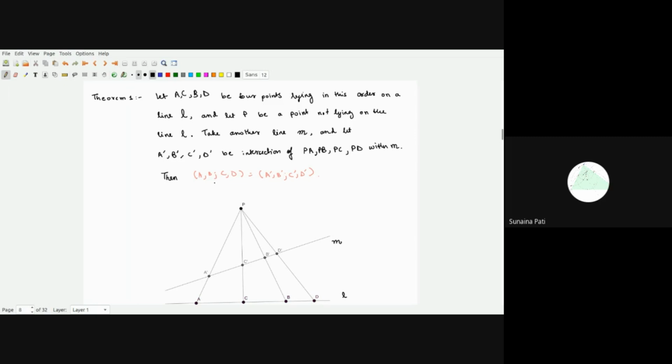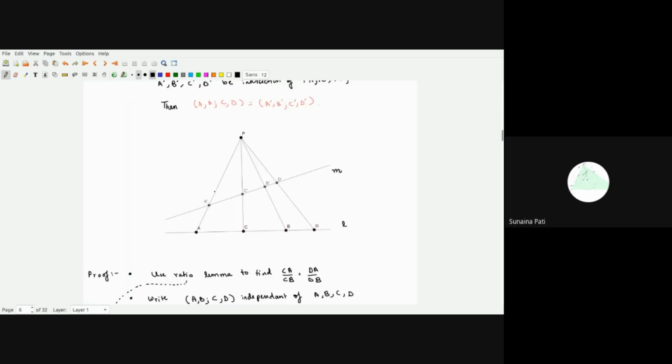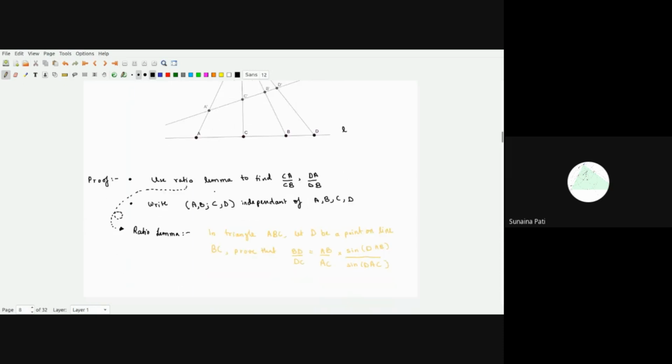So I'm just going over the proof, and you guys can try it on your own. The proof uses a lemma called the ratio lemma: if you have triangle ABC and a point D, then BD by DC is AB by AC times sine of DAB by sine of DAC.